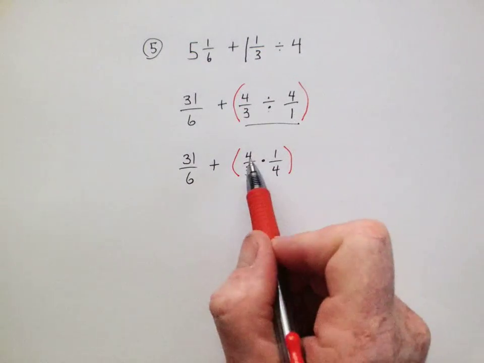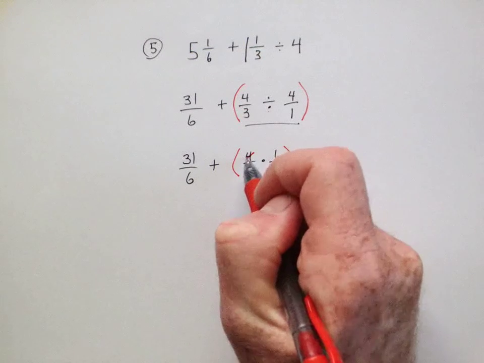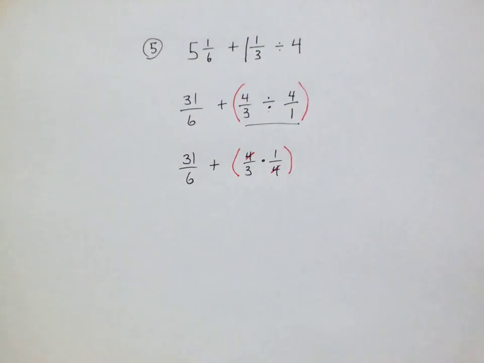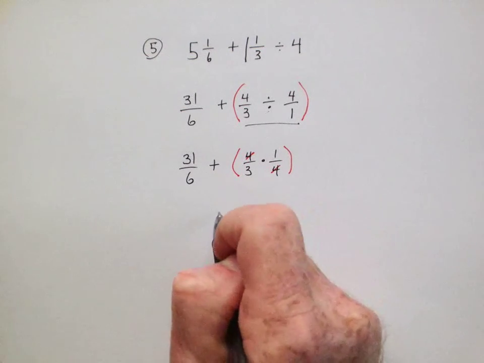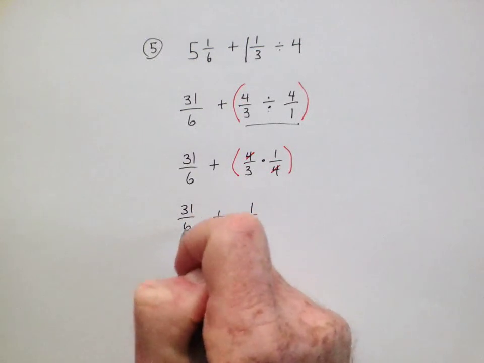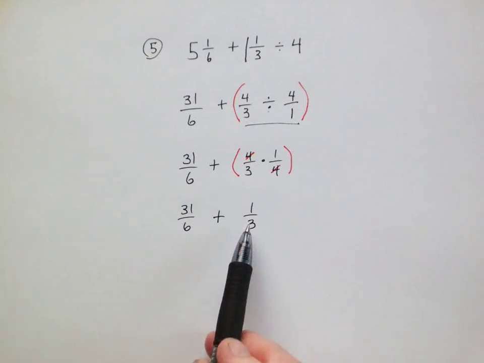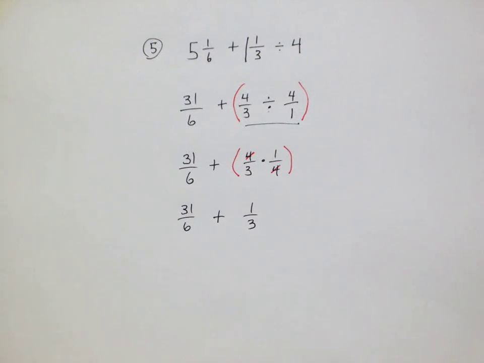And again, I'm going to do the idea of reducing first. These 4's can cancel each other out. So 4 divided by 4 is 1. So this will leave behind a 1/3. Okay, now to add these two fractions, we need a common denominator, which is going to be the 6.